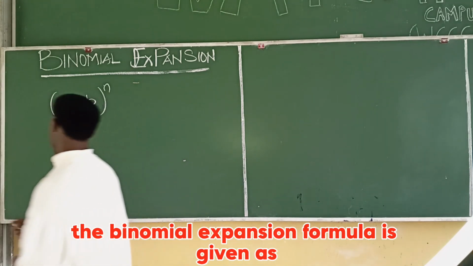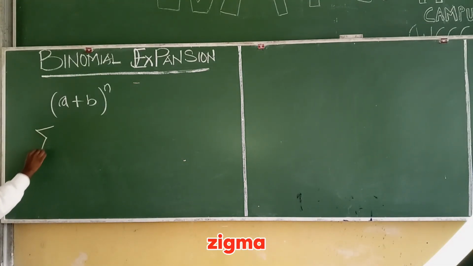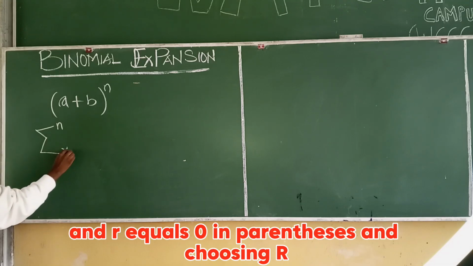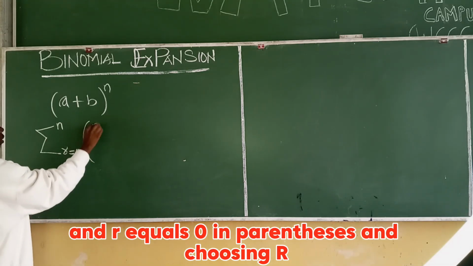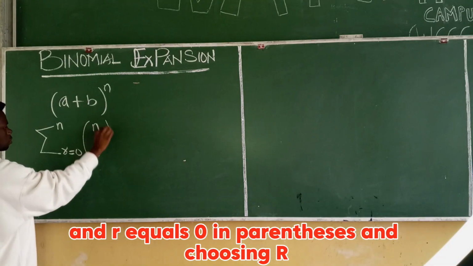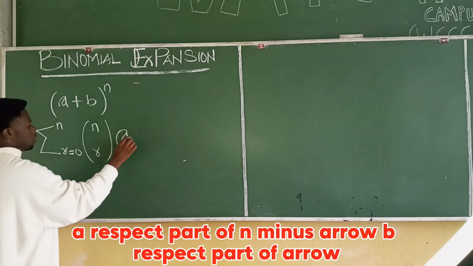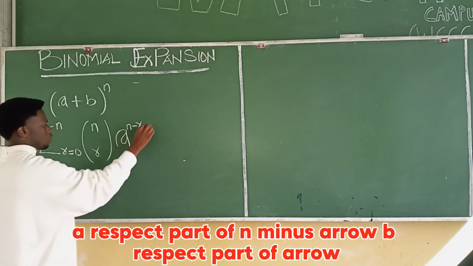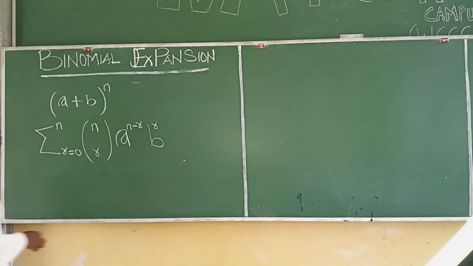The binomial expansion formula is given as the sum, from r equals 0 to n, of (n choose r) a^(n−r) b^r.